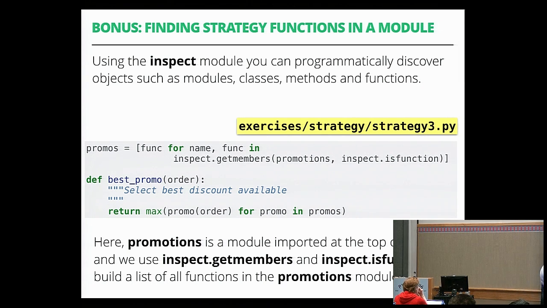And why are they functions? Because I passed the second argument to getmembers. So the second argument is a Boolean function that will return true when the object passed to it is a function. So it will filter the results that getmembers will yield to have only functions.